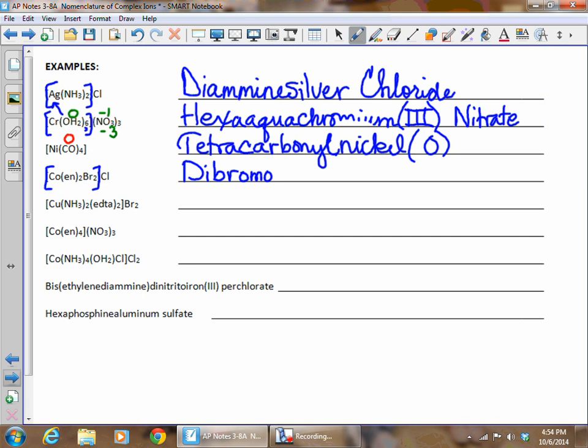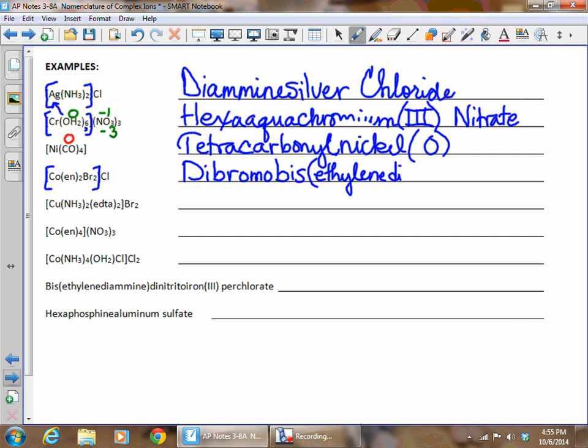So dibromo. Now, ethylenediamine is a polydentate. So remember we have different prefixes for it. And since there are 2 ethylenediamines, look back up at the chart, it's going to be bis(ethylenediamine). The ethylenediamine, when it is written out in the name, is written in parentheses.